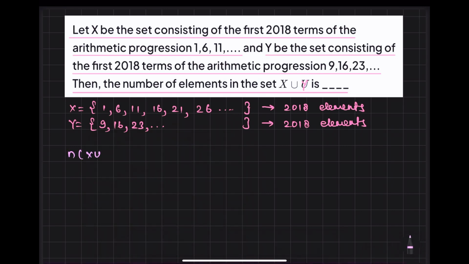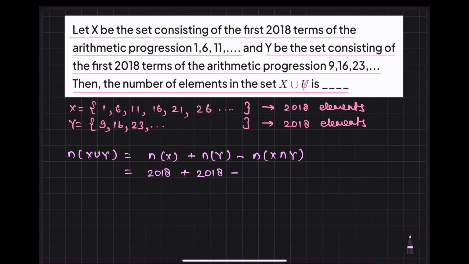As you all know, the number of elements in X union Y is the number of elements in set X plus the number of elements in set Y minus the number of elements in X intersection Y. We already know that the number of elements in set X is 2018, and in set Y is 2018.